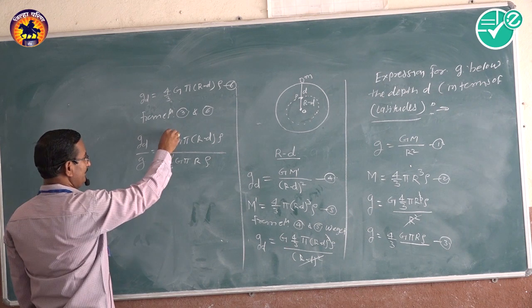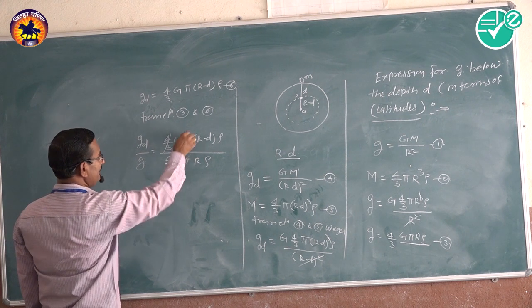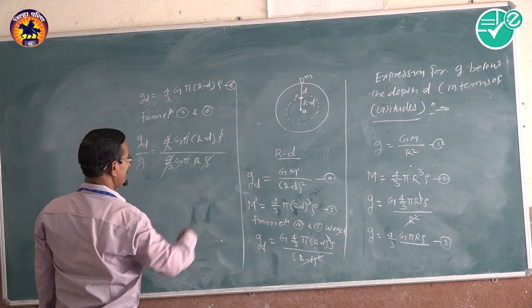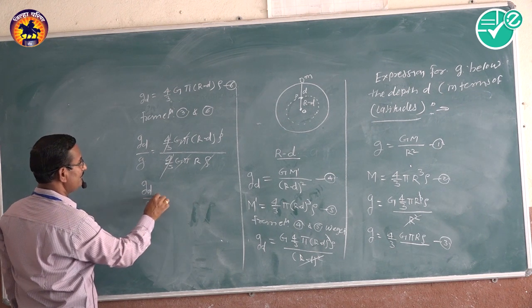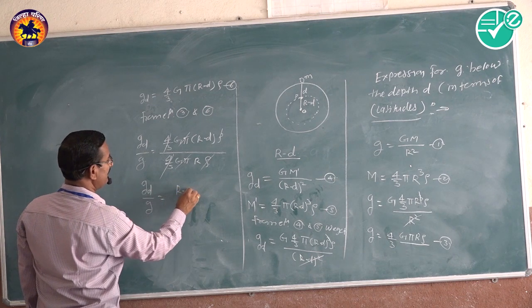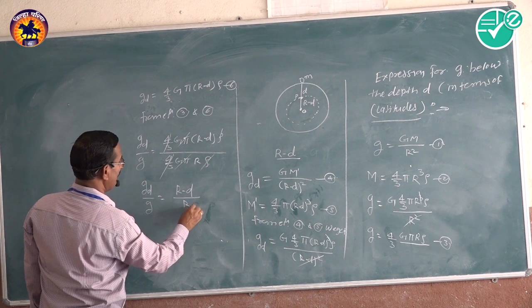Where 4 by 3 G pi gets cancelled, rho gets cancelled, and the remaining thing is g d by g is equal to (R minus d) upon R.